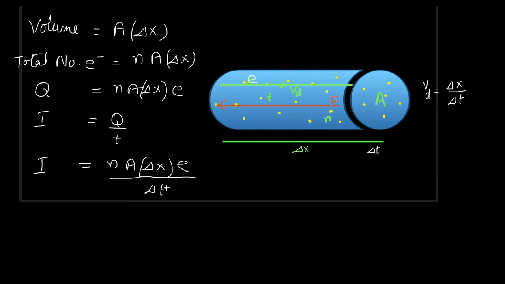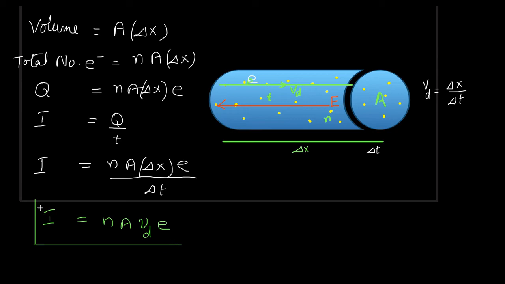Time is delta t. And already we know delta x by delta t is drift velocity. So I is equal to n A Vd into e, which is the expression for current in terms of drift velocity.